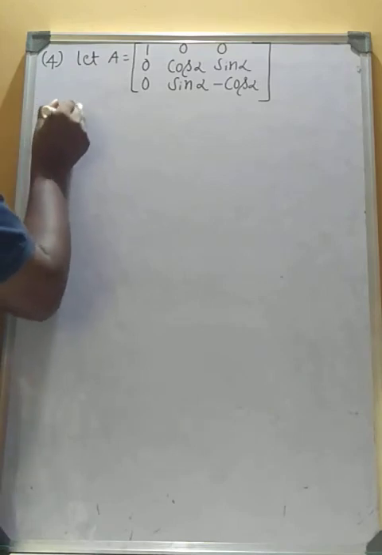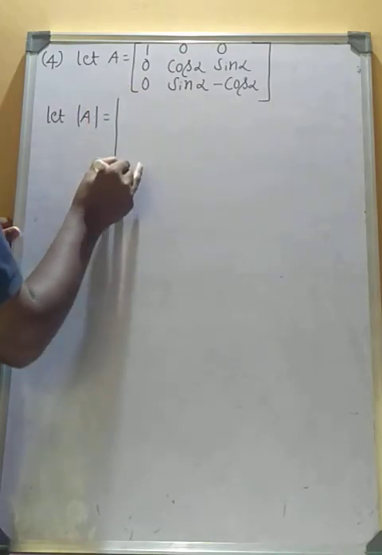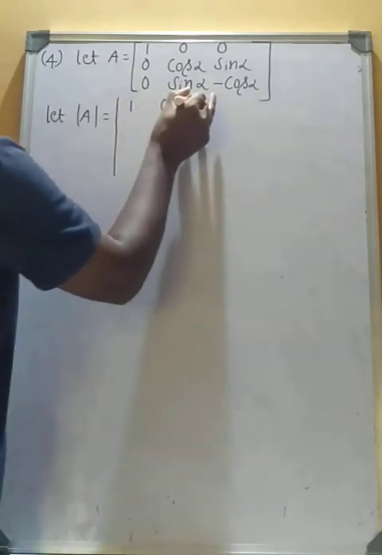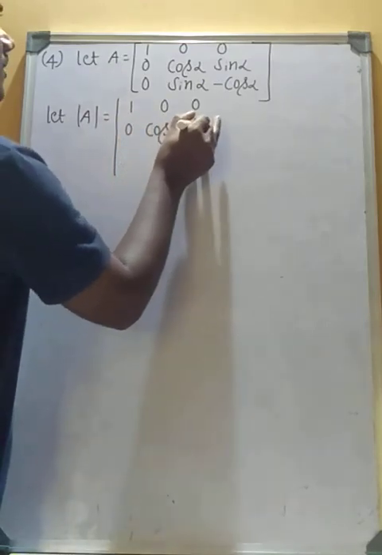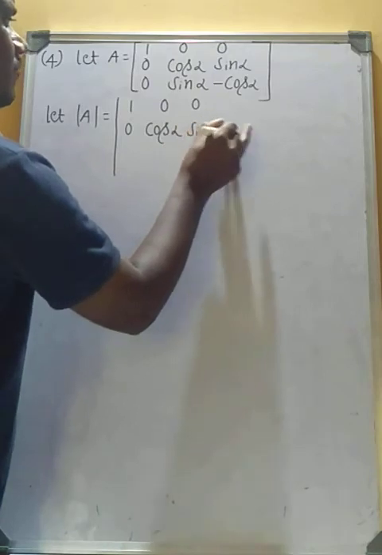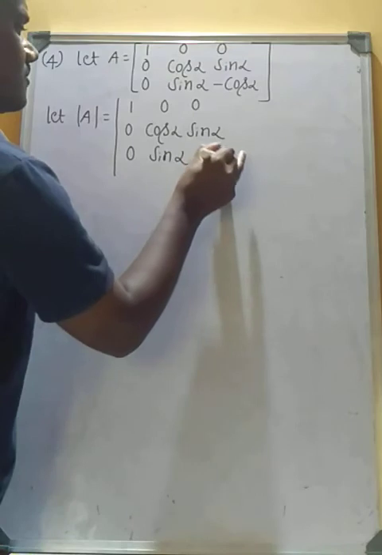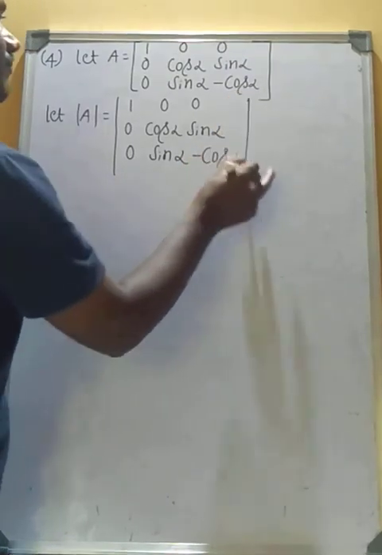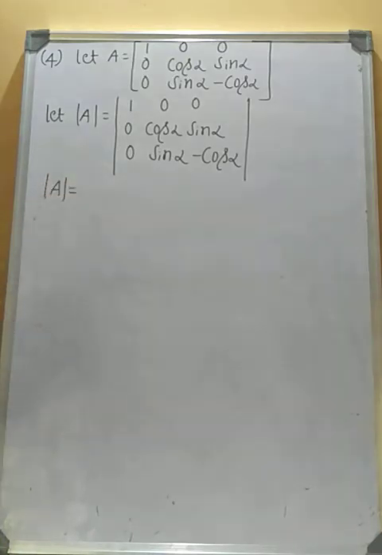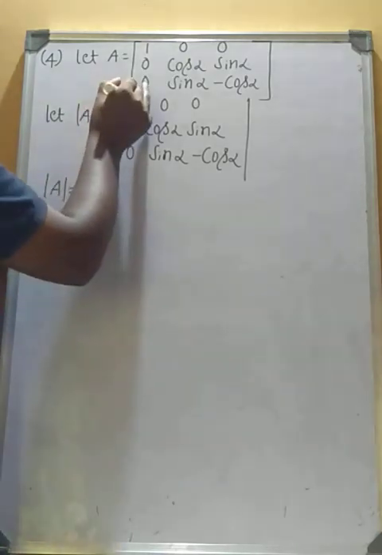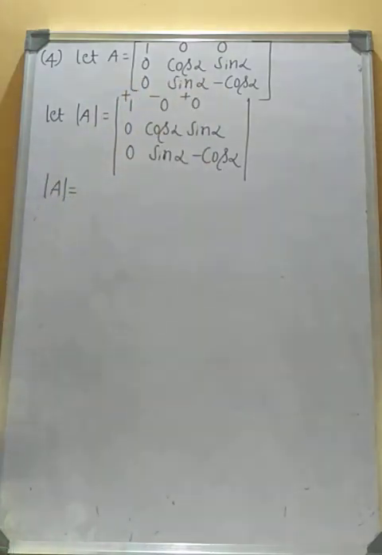So find the determinant of A, taking determinants on both sides: 1 0 0, 0 cos alpha sin alpha, 0 sin alpha minus cos alpha. Therefore determinant of A equals, here also expanding along the first row, plus minus plus signs.